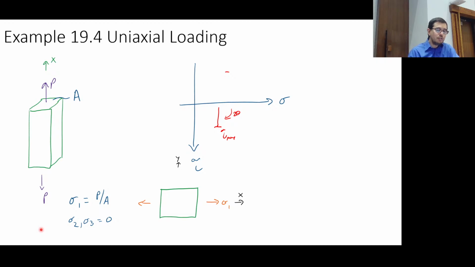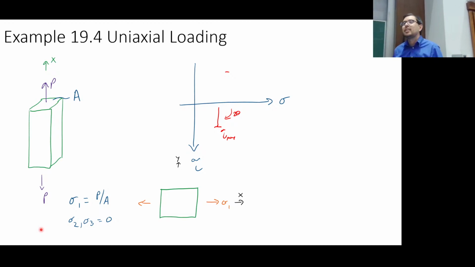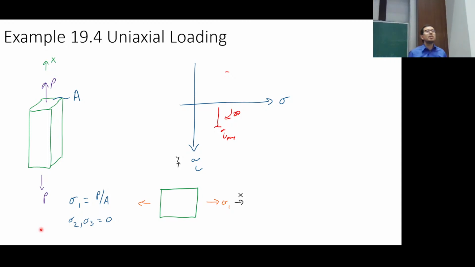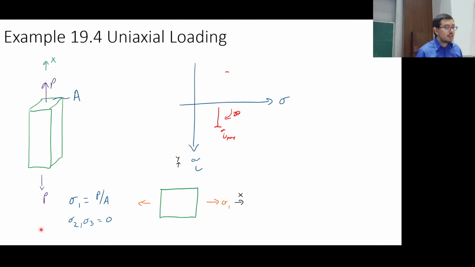On Mohr's circle, what would Mohr's circle look like here? Where's the center of Mohr's circle? What's the radius of Mohr's circle? Yes. Half of sigma 1.